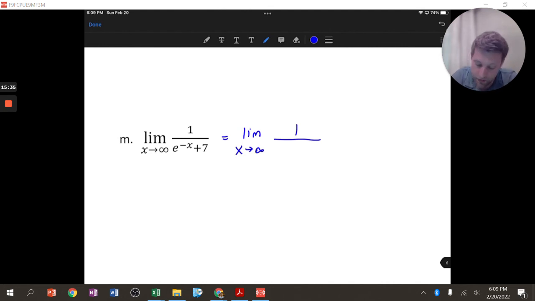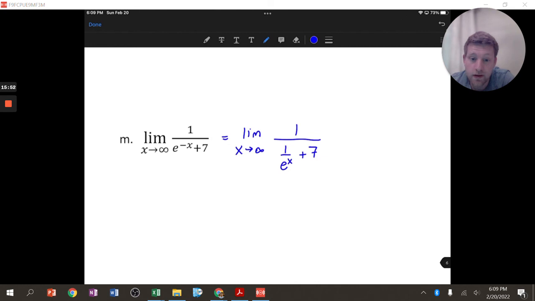We could rewrite this as 1 over e to the x. With that negative exponent, we can bring e to the x to the denominator as a positive exponent, e to the x. And then we'll be adding 7 to that.